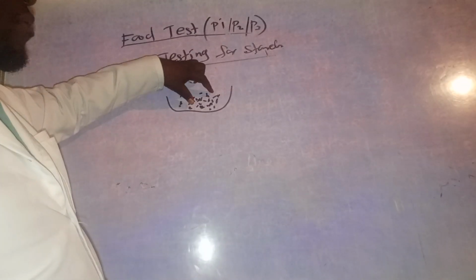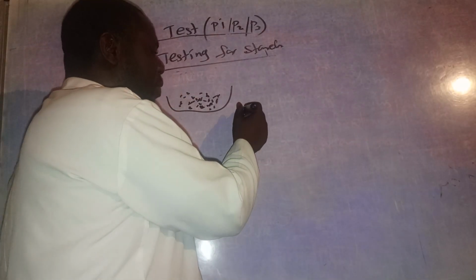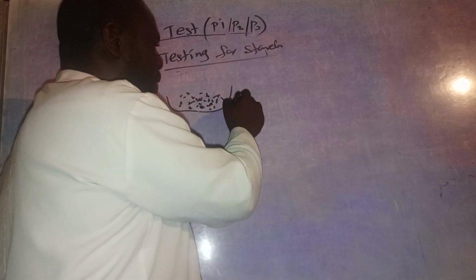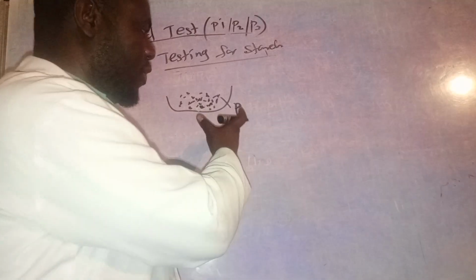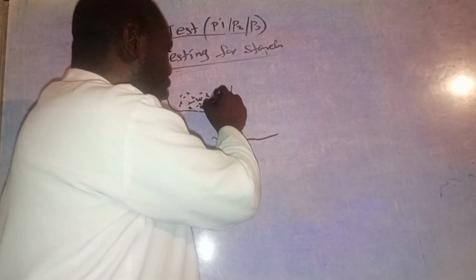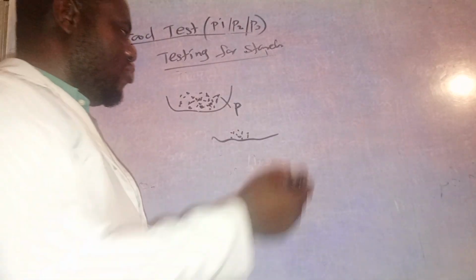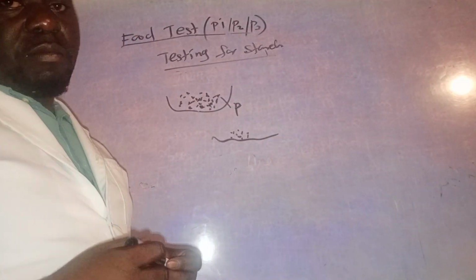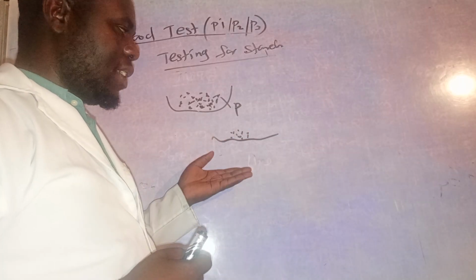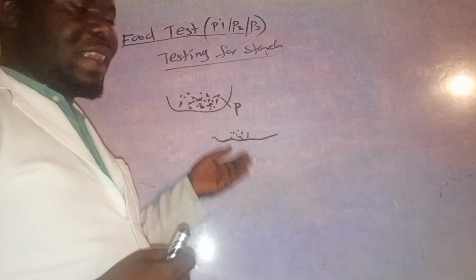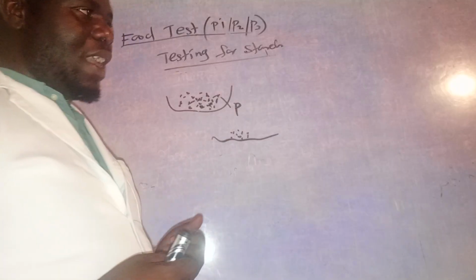Since these are solid particles, you can just get a small sample and place it on a white towel. Then you add 2 drops of iodine solution. If the color turns blue-black, starch is present, and if the color remains brown, the starch is absent.